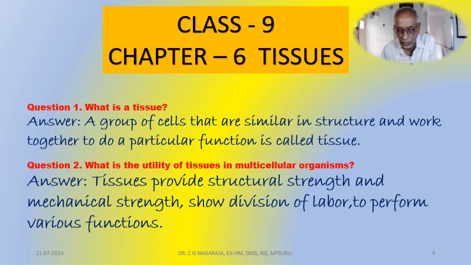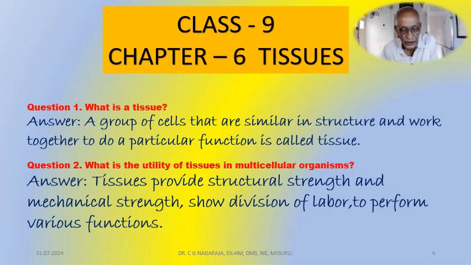Second question, what is the utility of tissues in multicellular organisms? You know that multicellular organisms contain millions of cells. So some of these cells group themselves together, which are alike in structure and function, and they form a tissue.